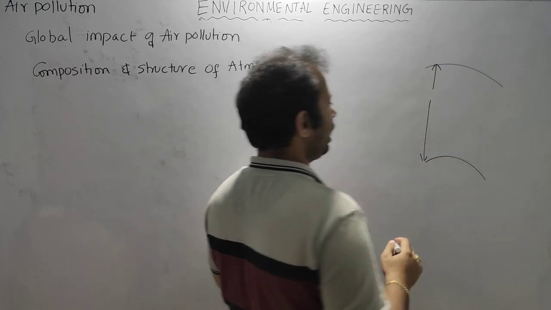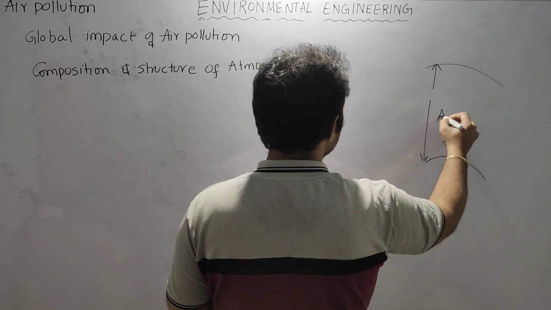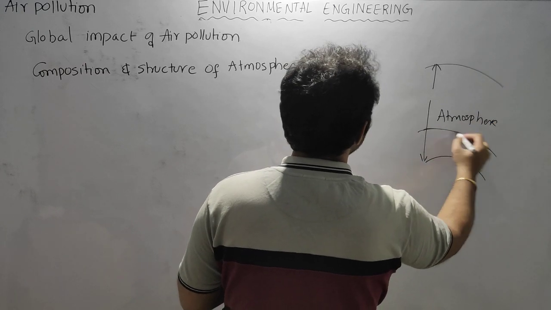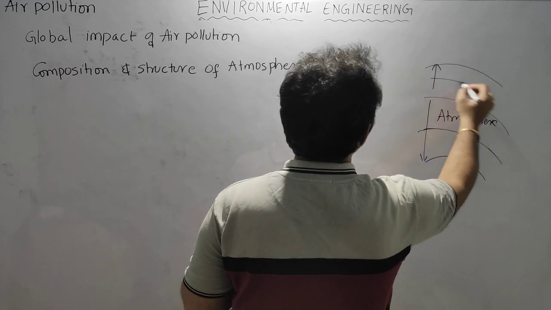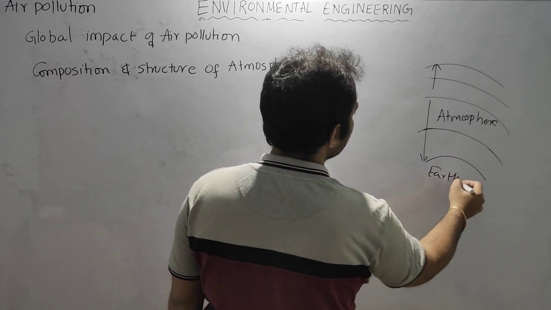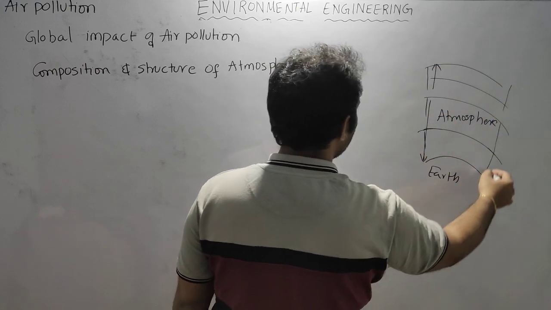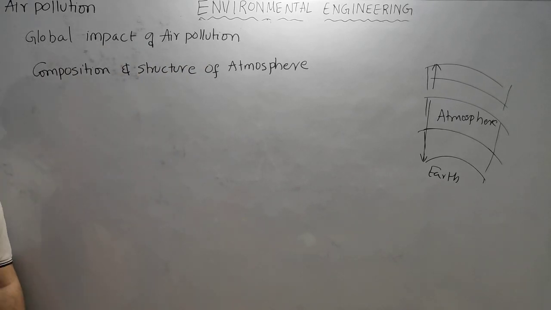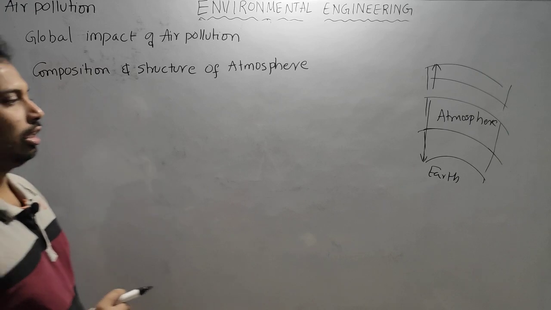This atmosphere contains different layers at different altitudes. The layers are separated by adiabatic layers, where no transfer of heat takes place. The first layer is the troposphere.